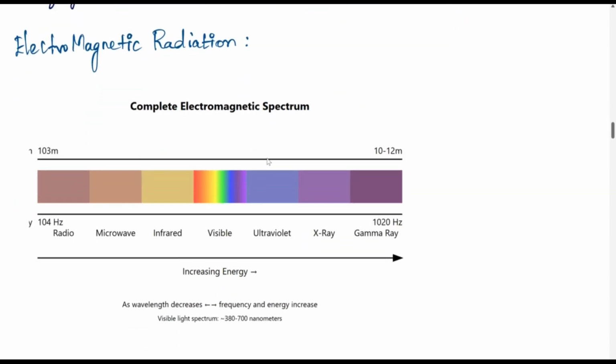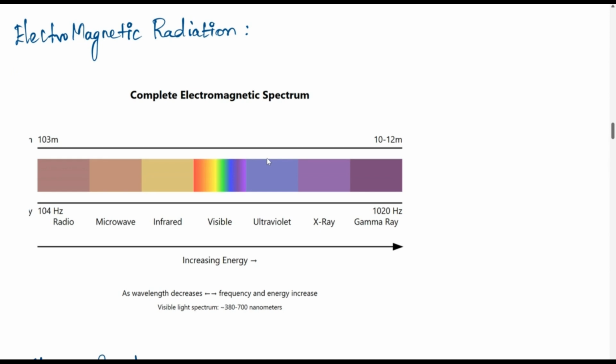Now let's move on to the crucial part of this chapter, that is electromagnetic radiation, EMR. I just want to give you a brief about what the rays are over here, how to memorize them, and what the relationship is. That is more important over here. So what are the waves present?